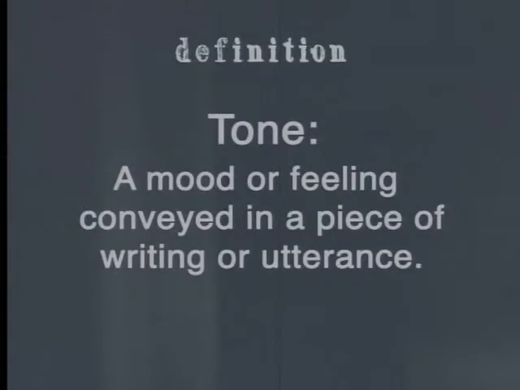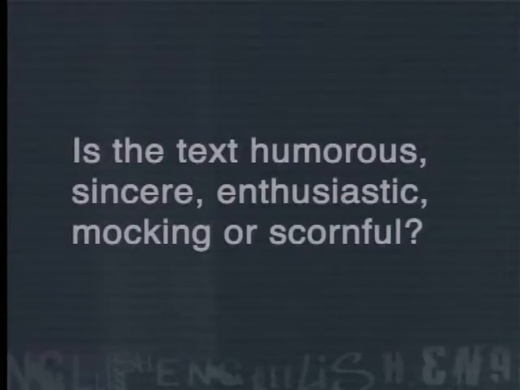Attitude is determined by three factors: tone, register, and style. Tone is the mood or feeling conveyed in a piece of writing or an utterance. To determine the tone of a piece of writing, ask yourself the following question: is the text humorous, sincere, enthusiastic, mocking, or scornful?